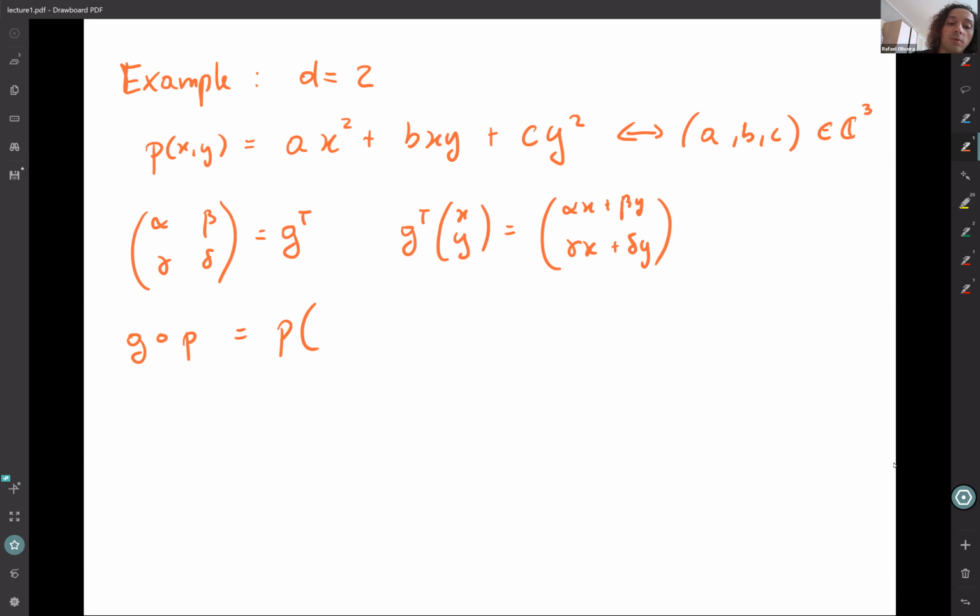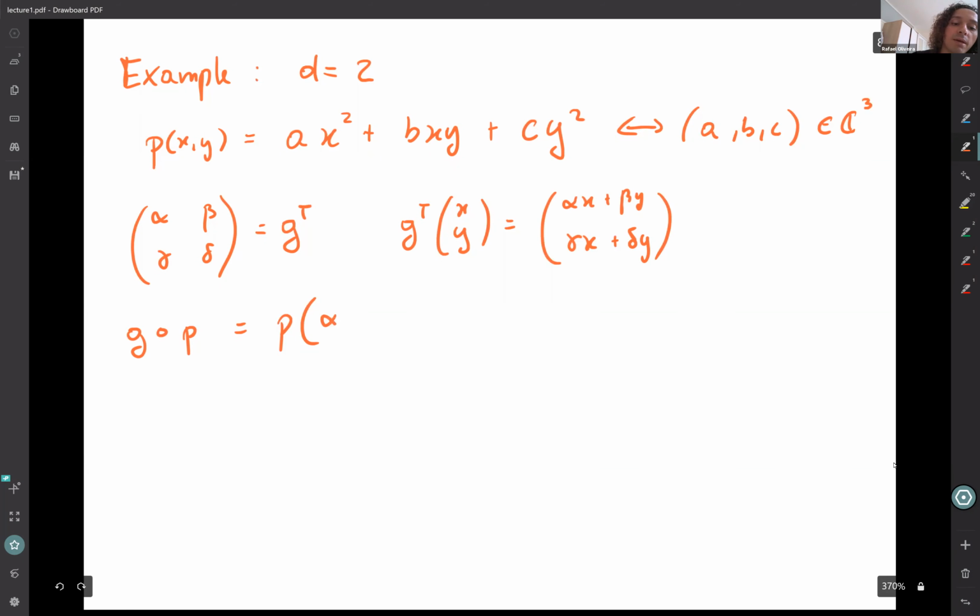So P here will become P of alpha x plus beta y and gamma x plus delta y.